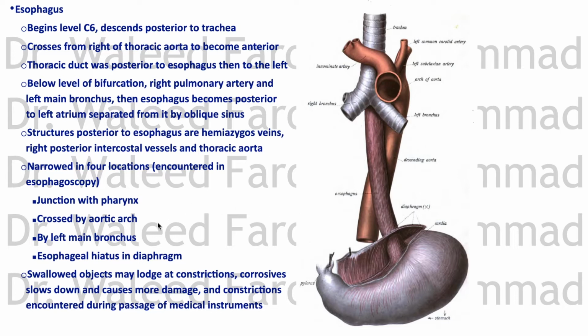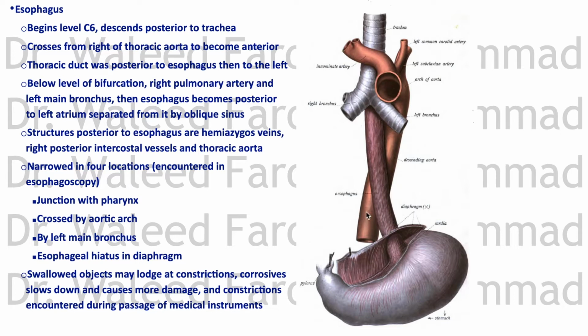It's crossed by the left main bronchus, as you can see here, and this also makes a pressure, and the esophageal hiatus in the diaphragm, which is at the level of T10 or 40 centimeters from the incisor teeth. So this is one thing to put in mind about the constrictions.